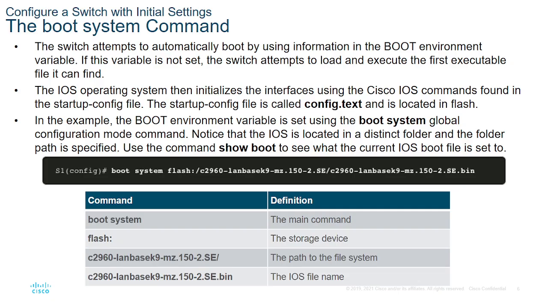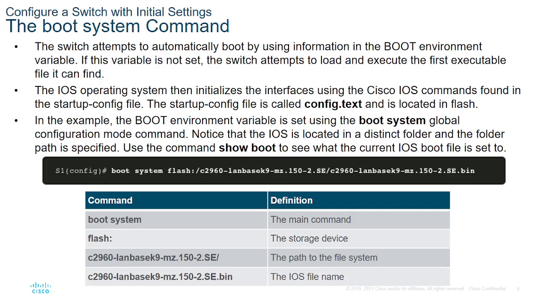So the boot system is the actual command. Flash is the location, that is the storage device where the image is kept. The path to that file is what you see, the C2960 LAN base ending with a slash, which means a folder. And the actual image, that is the operating system file, the IOS file, is the one that ends with the .bin.